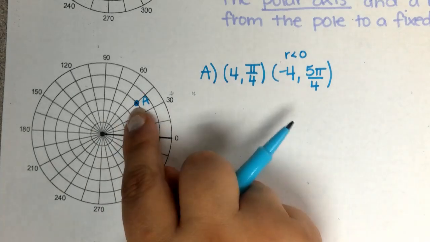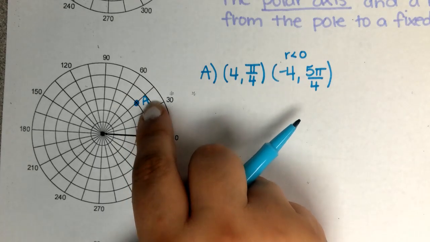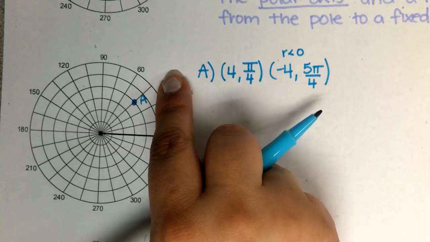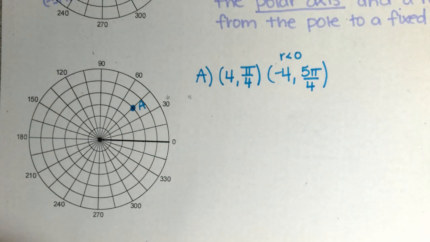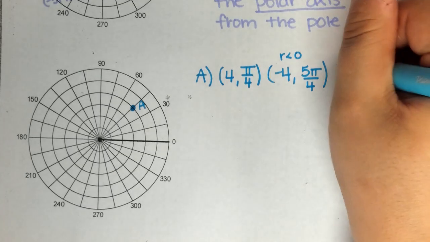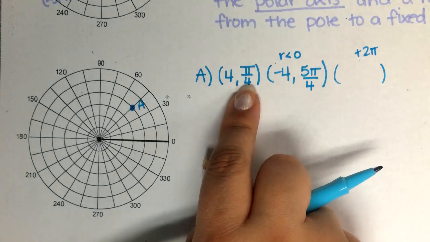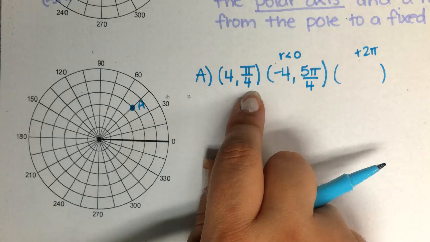Is this coordinate right here just pi over 4? Could it be anything else? Could I go around the circle again? Yeah, and if I go around the circle again, what is that theta? What do I do to find it? I'm going to add 2 pi to this. What is pi over 4 plus 2 pi?